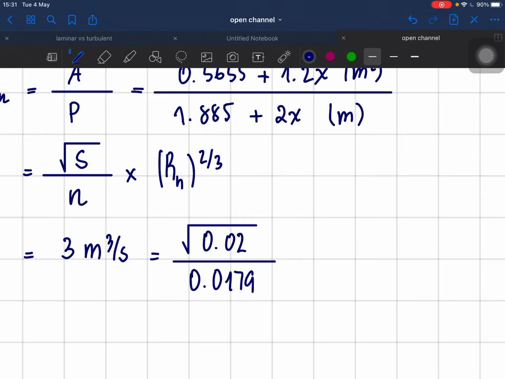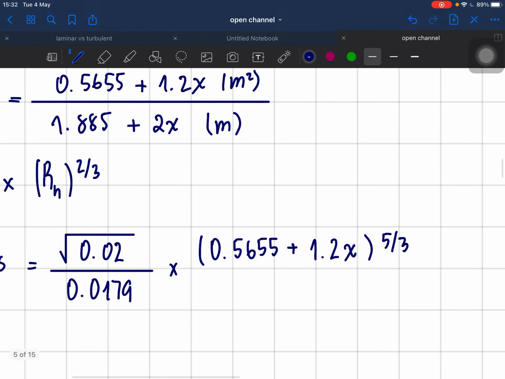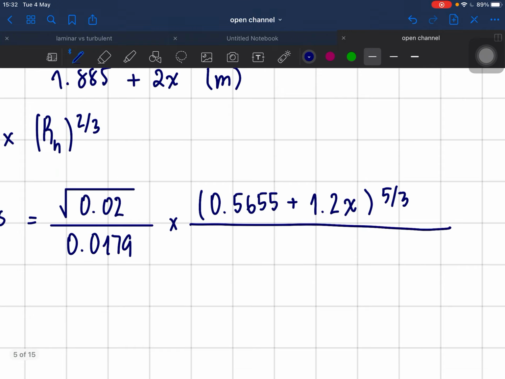Yes, but we all know that the value of the thing that we're finding is in meter, right? Yeah, you're smart. You guys are so smart. Times 0.5655 plus 1.2x over 5 over 3. Why is it 5 over 3? Because the area is also inside this one too. So this is this one, yeah.